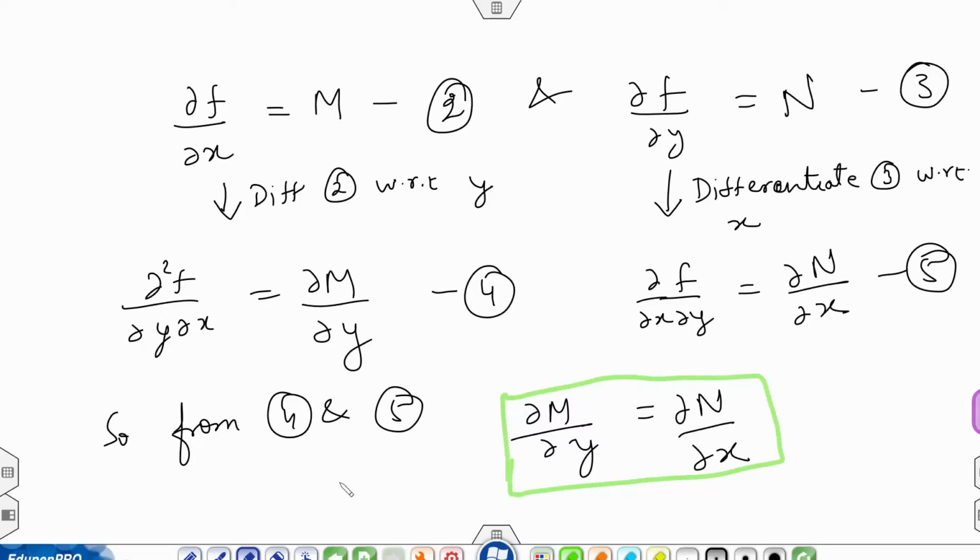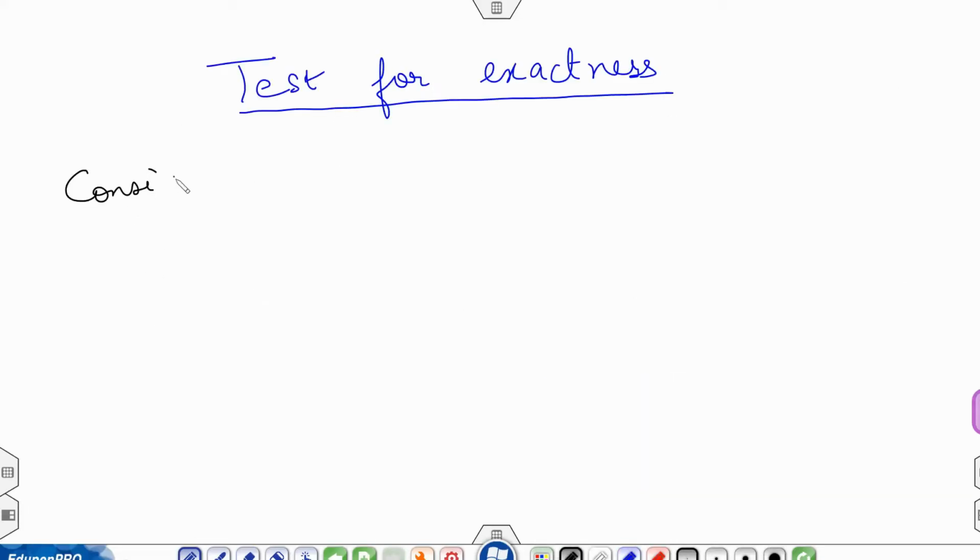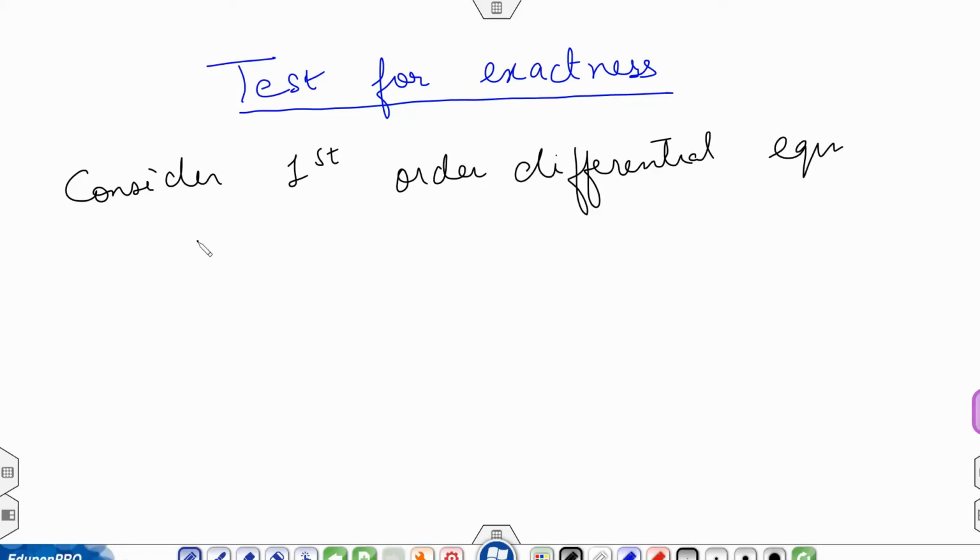It is an important equation because it tells about the exactness of the differential equation. So let's write it more clearly, a test for exactness. Consider a first order differential equation like this: M(x, y) dx plus N(x, y) dy is equal to 0.